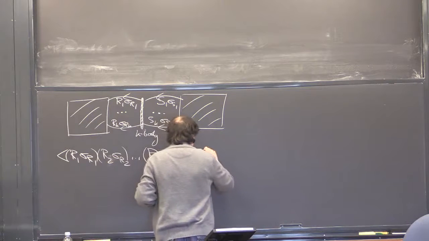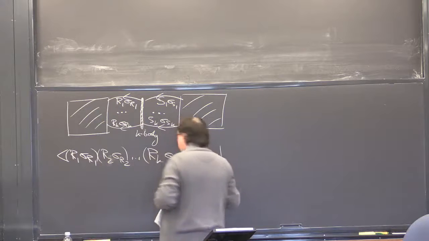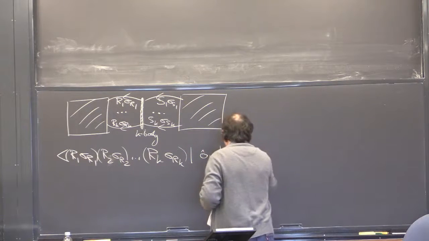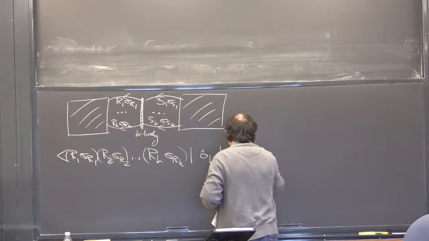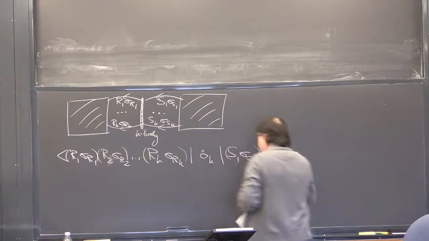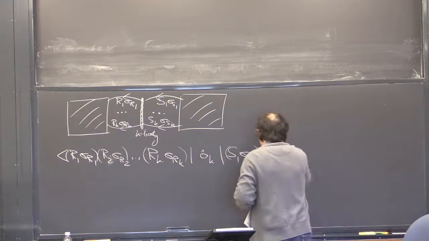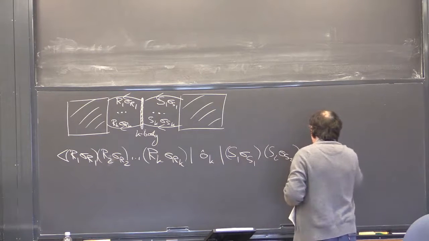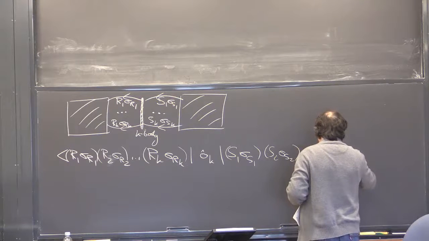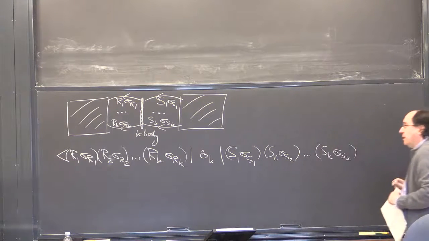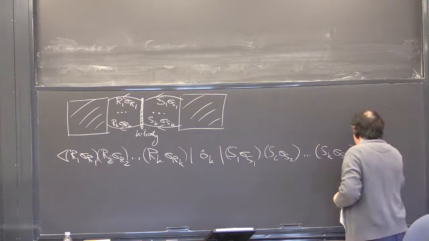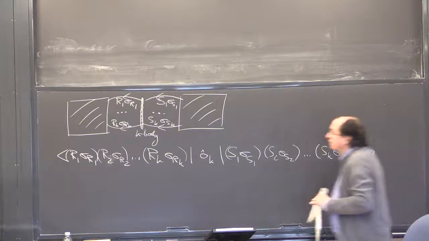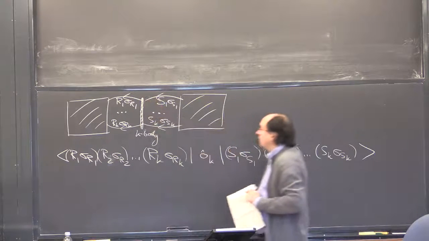Then we have an operator, I'm going to call it little ok, a k-body operator of some kind. And then we have indices in the ket: S1, sigma S1 for the first spin orbital, then S2, sigma S2 for the second, and then Sk, sigma Sk for spin orbital number k in the ket. That's the matrix element that will result from this particular vertex.